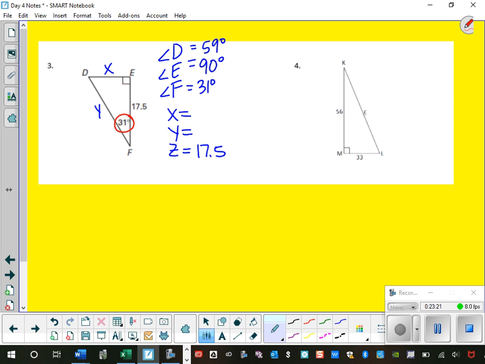If I want to solve for X, would X be opposite, hypotenuse, or adjacent? This would be opposite and this would be adjacent, and this would be hypotenuse. Which trig function do I need for X, with 17.5? What's O and A?